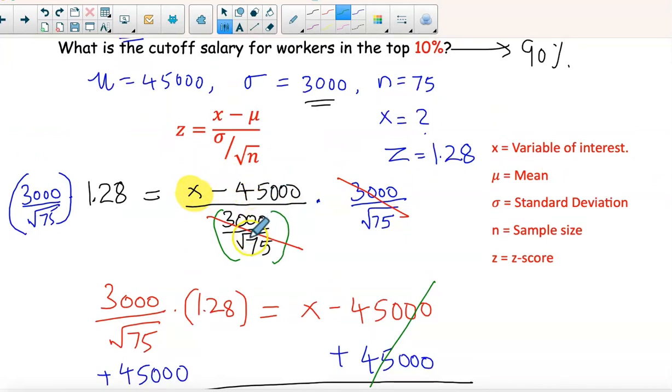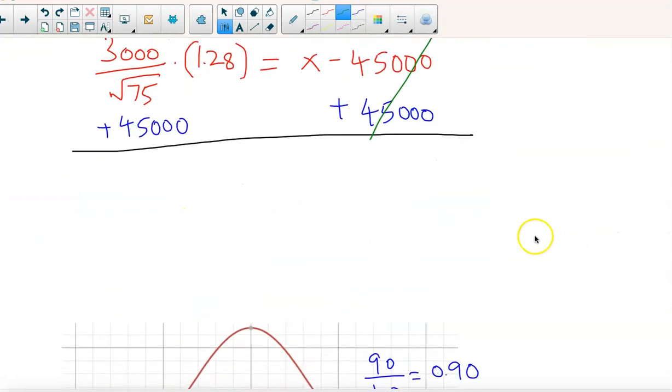This denominator got cancelled and the minus 45,000 also cancelled. Only x is remaining on the right hand side. Alright, so I'll write down x here. X is equal to, what do you have there?